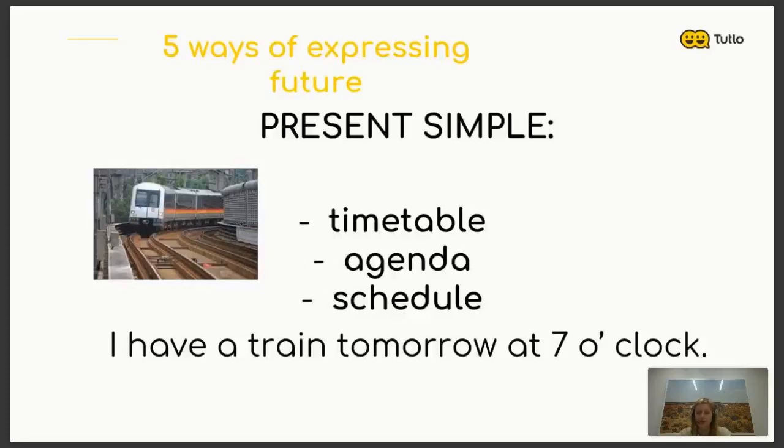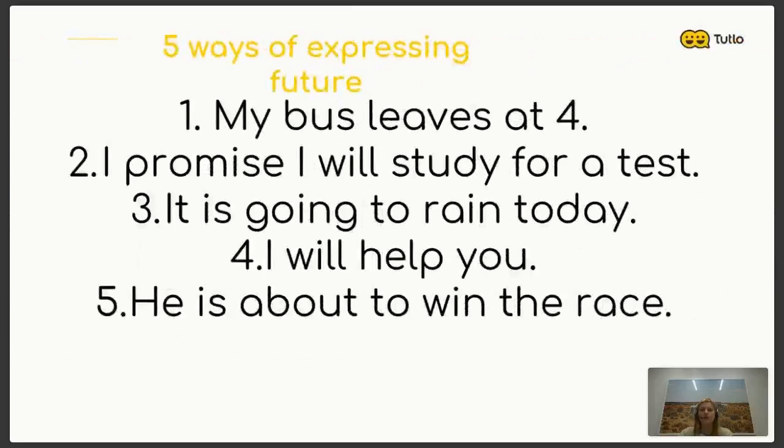Okay, so far so good. So I have presented you actually 5 constructions that we use to express future, and I have an activity for you. Look at my ideas, and I want you to write me in the chat box which rule each sentence applies to, and I would like you to write me what the rules are.